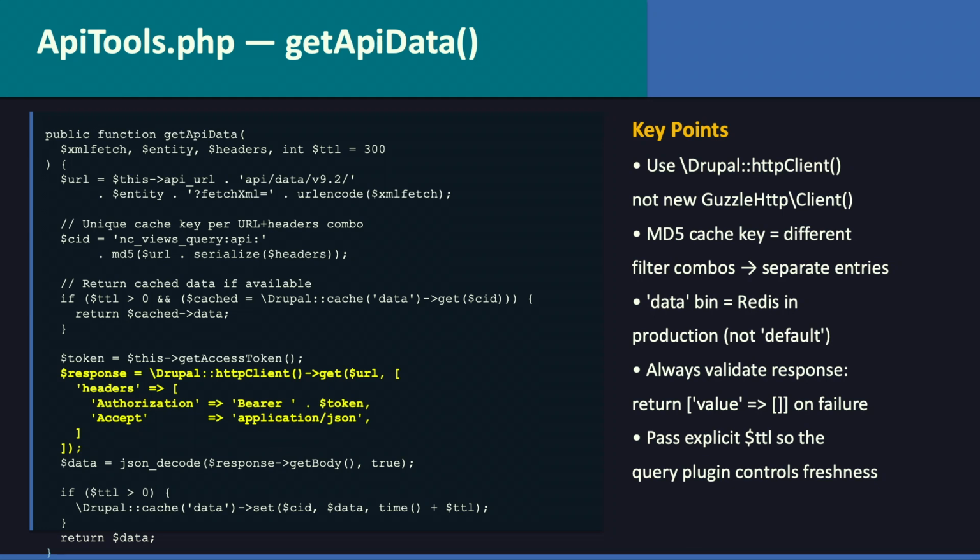In this case, the TTL is 300, so 5 minutes, and then returning it if it's not cached. So that's basically the code for hitting the API and getting the data back. So any questions on just hitting the API?